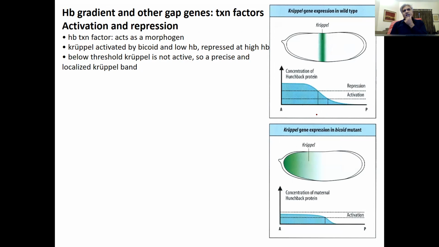Now the question is, what is the relationship between hunchback and other gap genes?